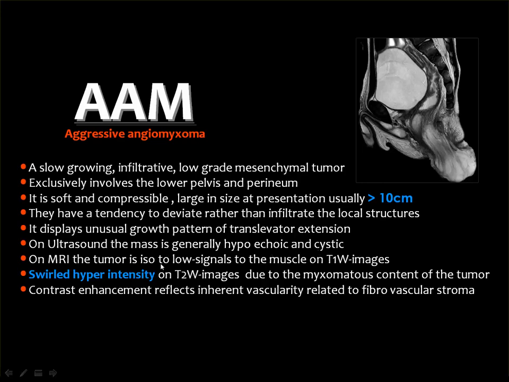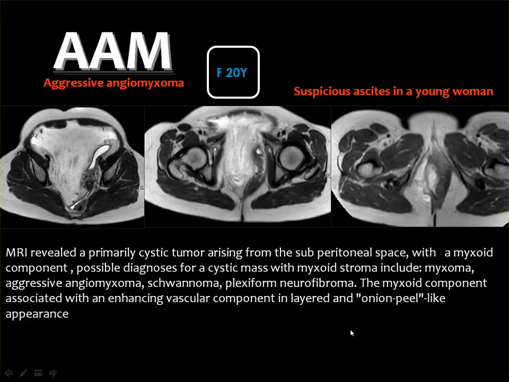On MRI, it is of low signal in the T1, and in the T2 weighted image, it has a very characteristic appearance due to the myxomatous content of the tumor, which will show high signal intensity. And contrast enhancement is variable, and it is related to the fibrovascular stroma within the tumor.